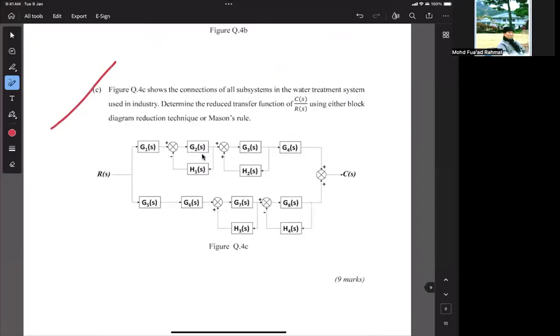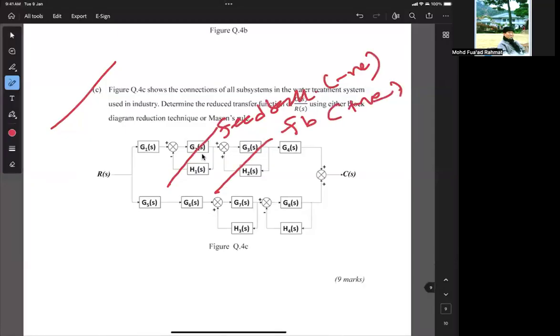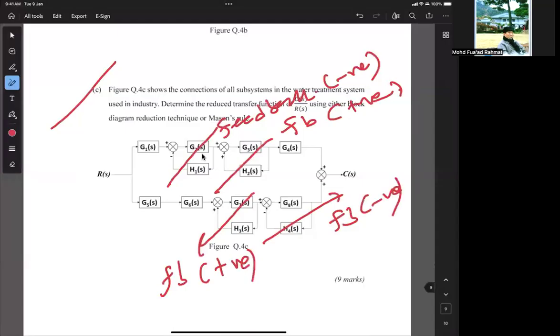So you just simplify this one. This one is feedback, negative. This one is feedback, positive. This one is feedback, positive. And this one is feedback, negative.